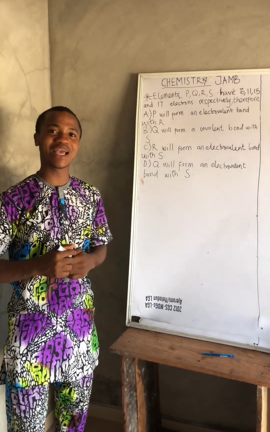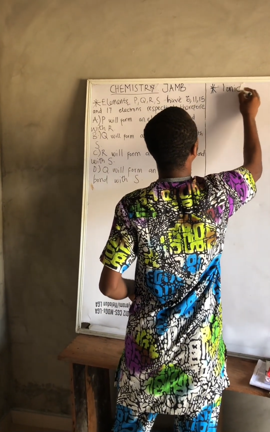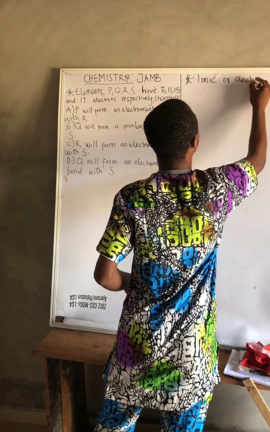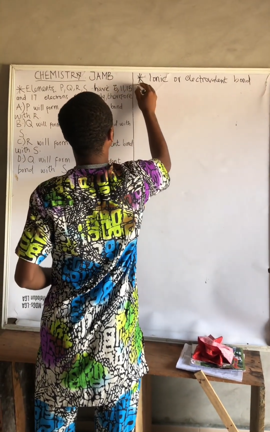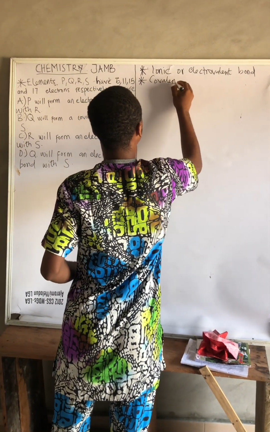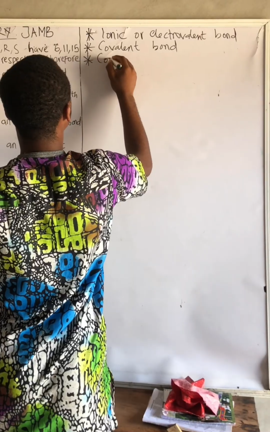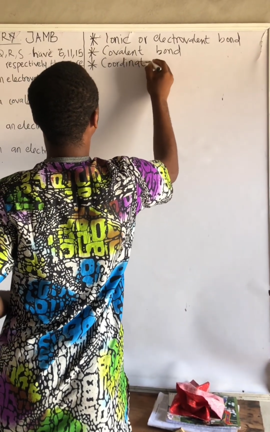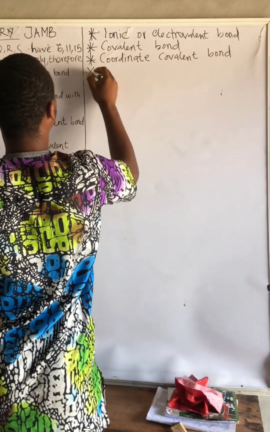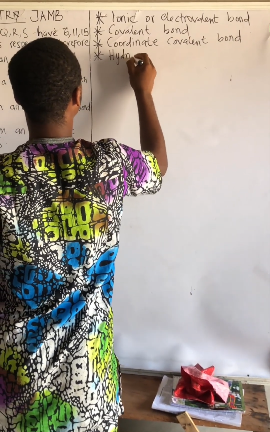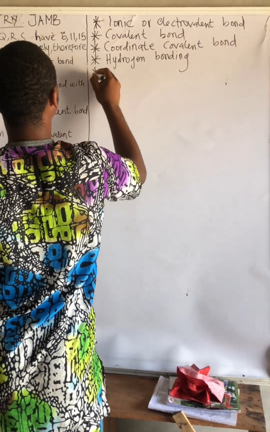We have different types of chemical bonding: the ionic or electrovalent bond, the covalent bond, the coordinate covalent bond, hydrogen bonding, and metallic bonding.